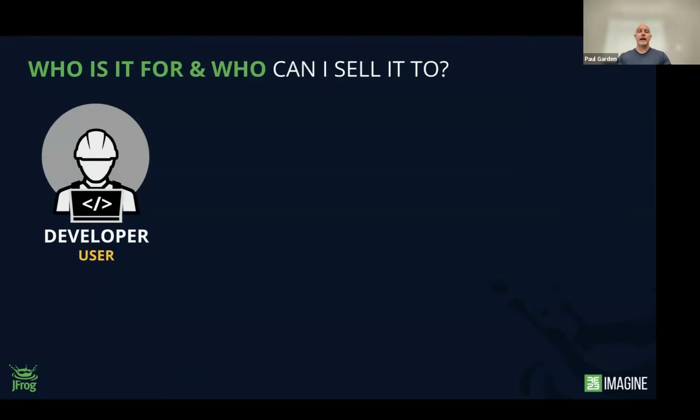Okay, now back to who is it for and who can you sell it to? So the developer is ultimately the user. The goal is they're using it, but they don't actually even know they're using it because it's transparently in the background doing the hard work so they don't have to. The people that set it up would maybe be a security person and DevOps.